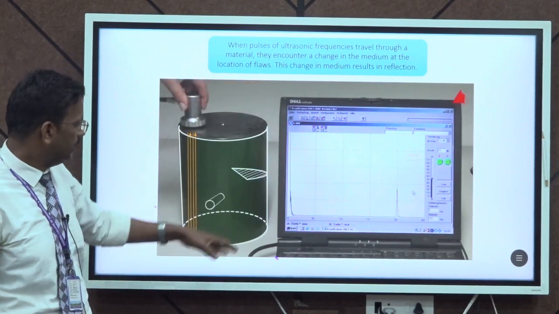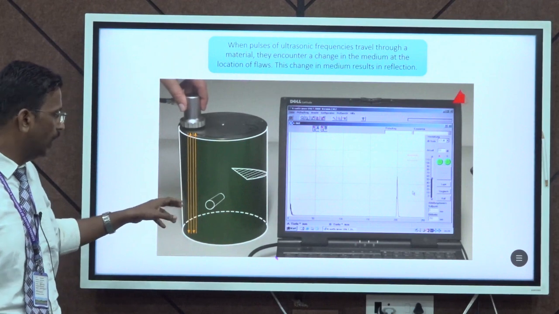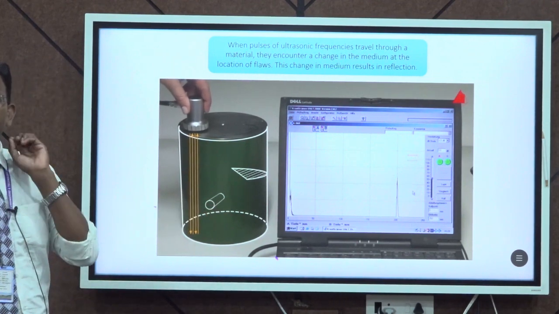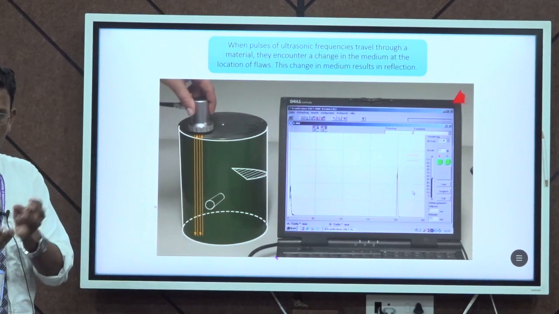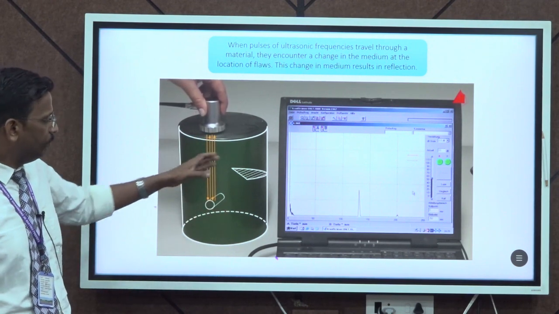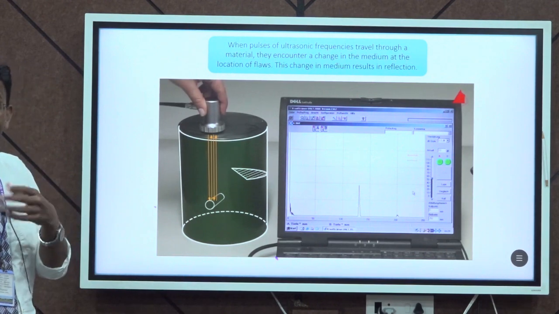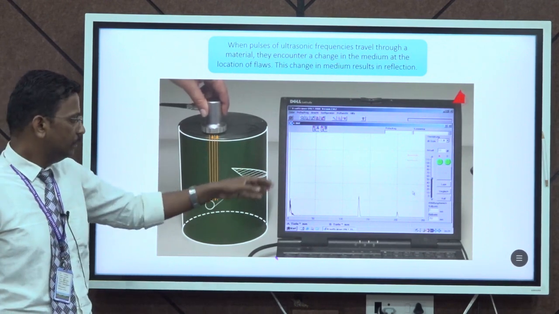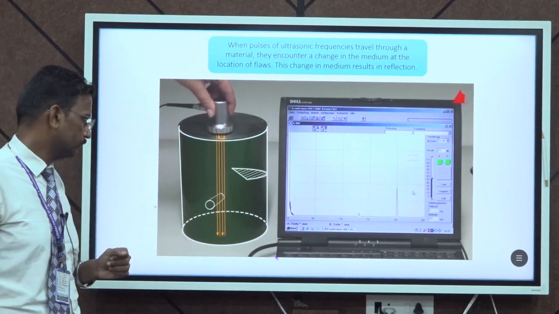So, from this picture we can easily visualize the size of the flaw and the thickness of the flaw present inside the specimen. That particular animation will show what the different kinds of flaws present inside the specimen are.